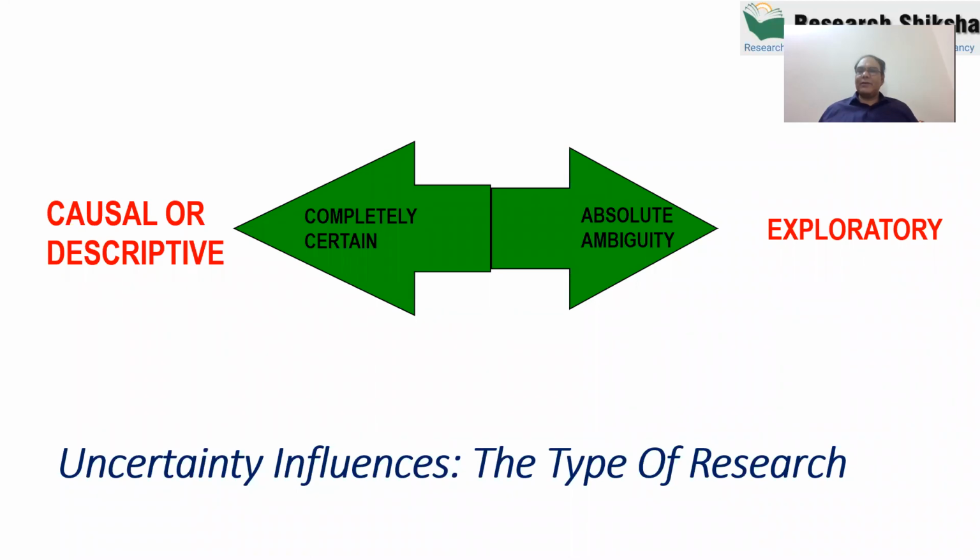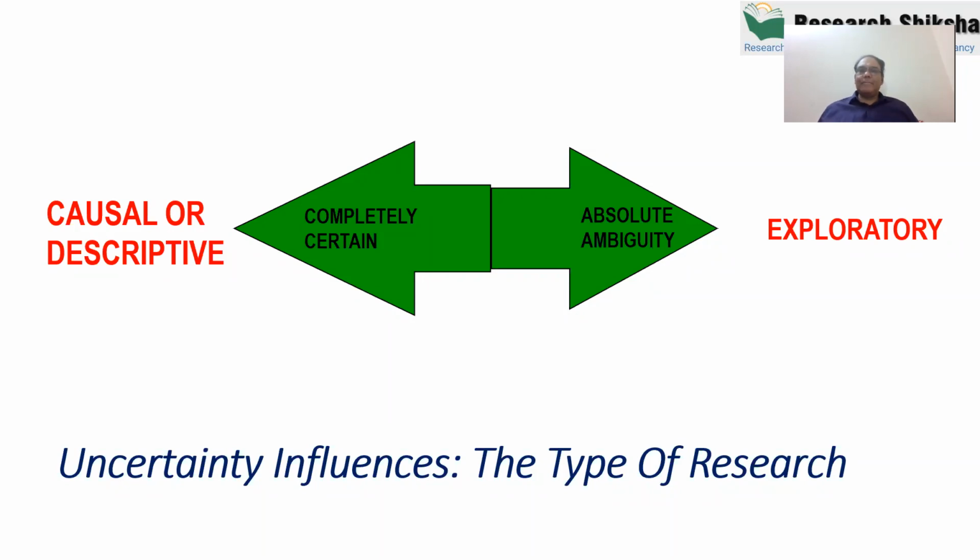And descriptive and causal study start when exploratory study ends. When exploratory study ends, the research problem is clear, then you start the descriptive study or the causal study. One thing is very clear between exploratory and causal and descriptive: hypotheses play a very important role in distinguishing them.